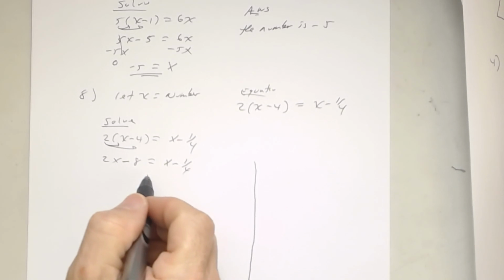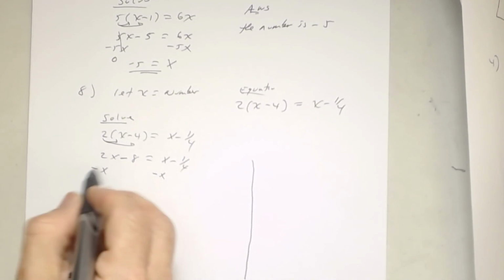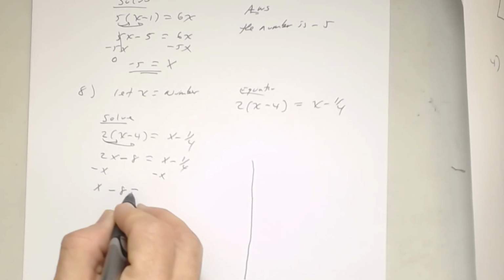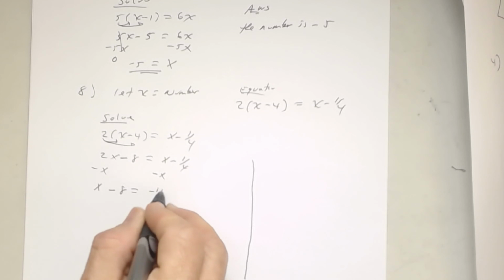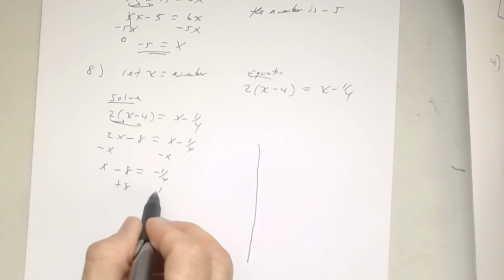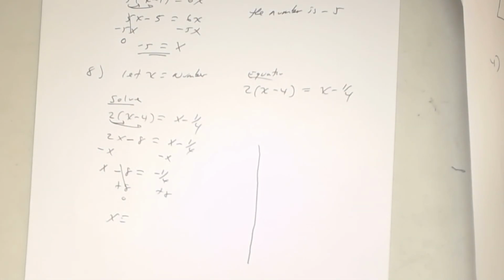So you want to subtract x? All right. So 2x minus x is x minus 8 equals negative 1/4. What's the next step? Add 8 to both sides. Use your calculator now. On your calculator, you're going to say negative 1/4 plus 8.